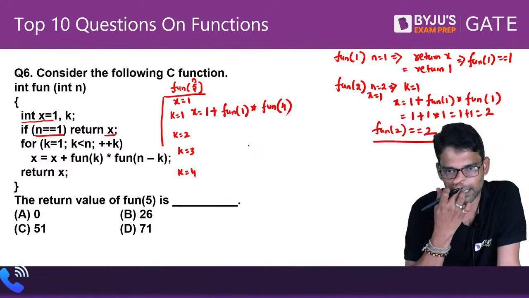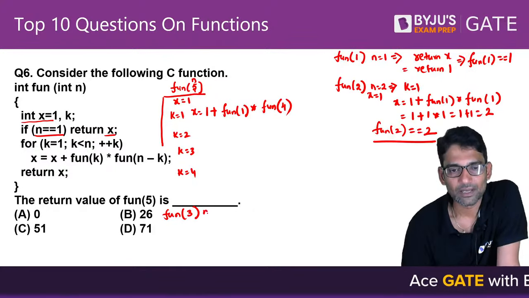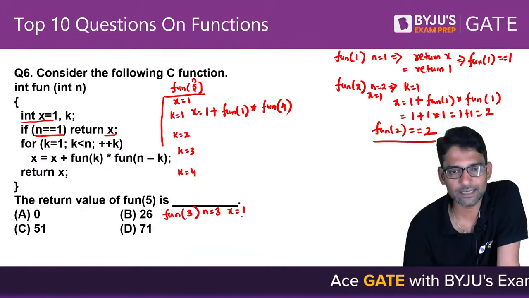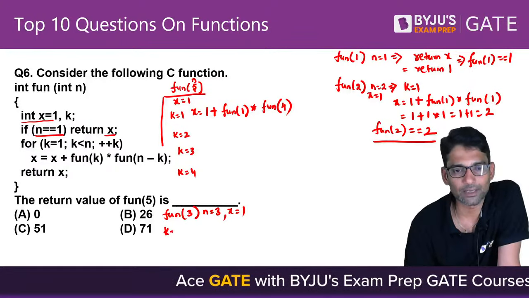Now, let us do fun of 3. N is equal to 3, x gets initialized to 1 every time. Now, loop runs for twice.